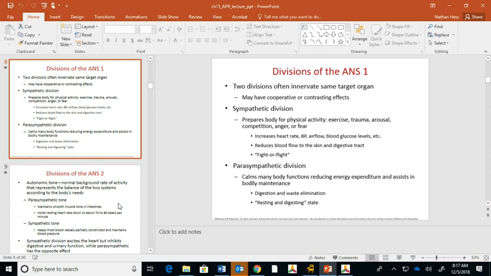Okay? Because remember, it's a balancing act. So if I got more sympathetic, I got less parasympathetic. But other times I want more parasympathetic and less sympathetic. So they're both affecting a single target organ, and they're just in balance with each other. Sometimes one more than the other.